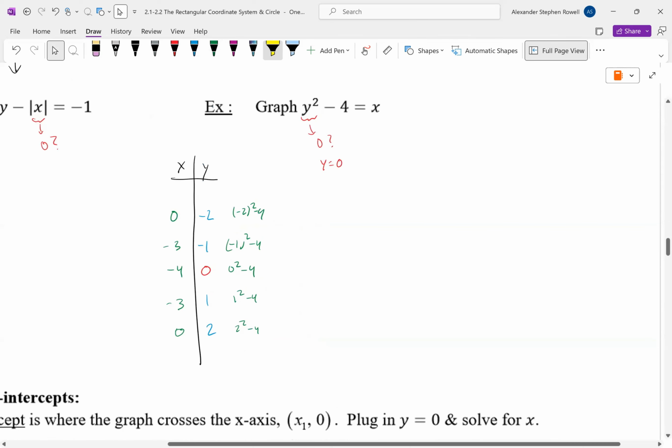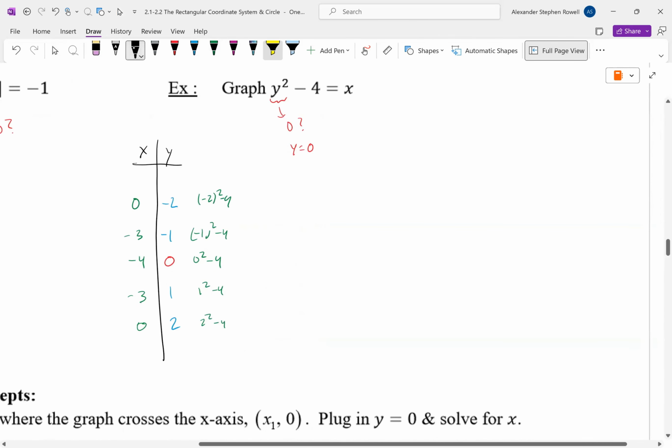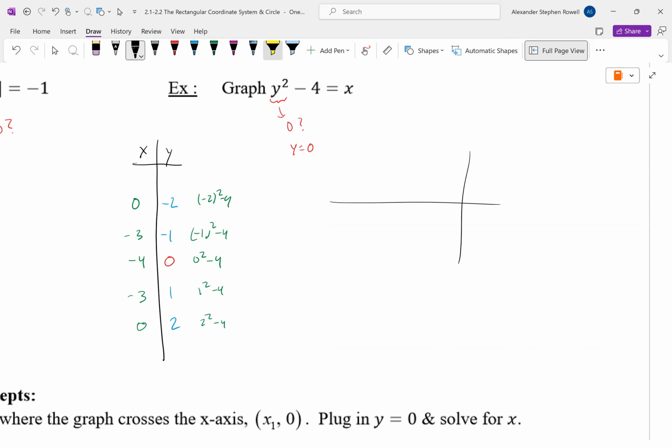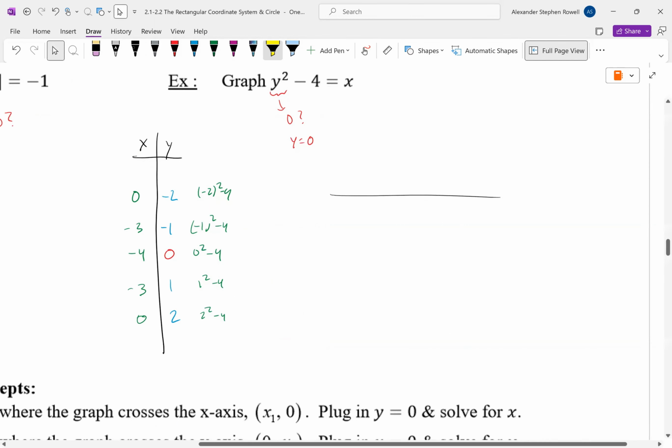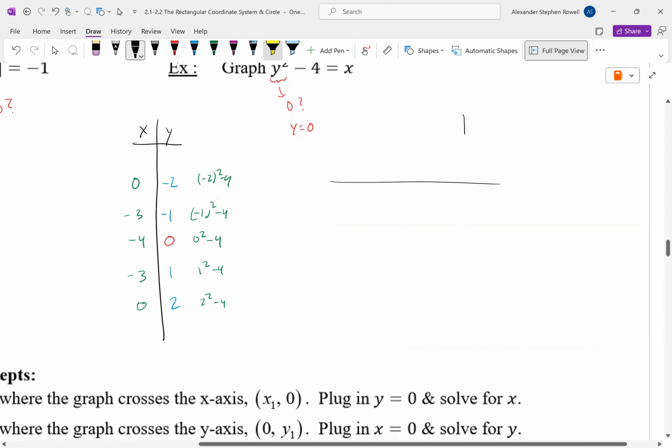If that's not enough points for you to see what's going on, you graph more points. So draw my axes. My x values are from 0 to -4. That means my y-axis should be drawn to the right, and my y values should be in balance, equally high and low.